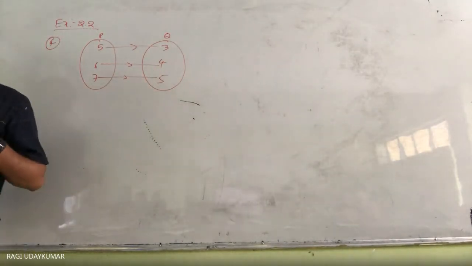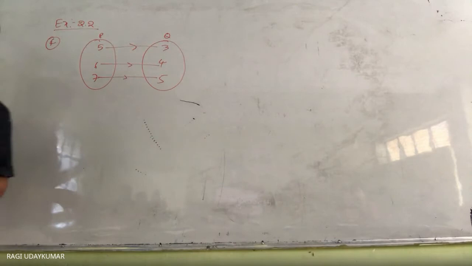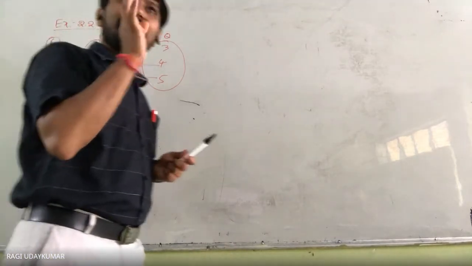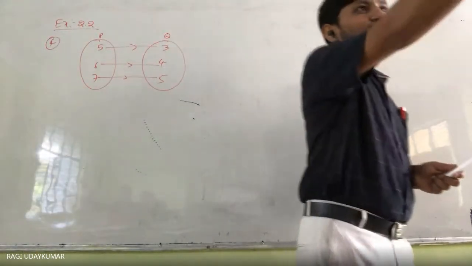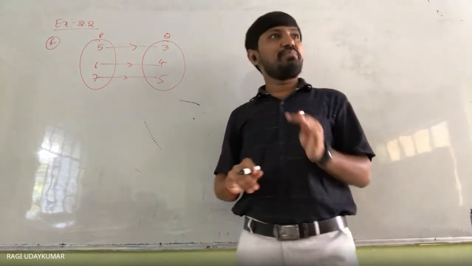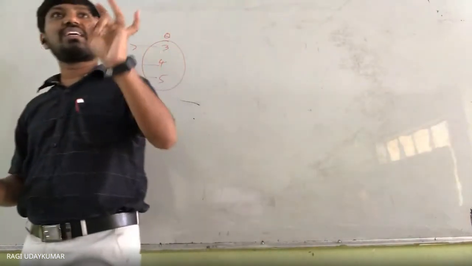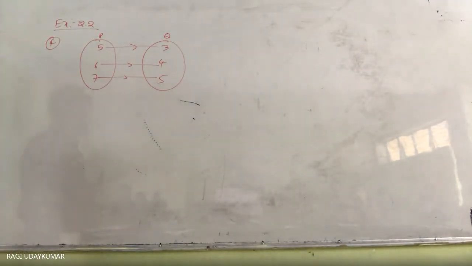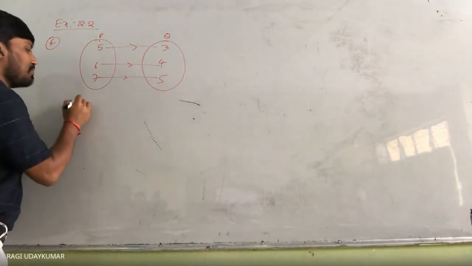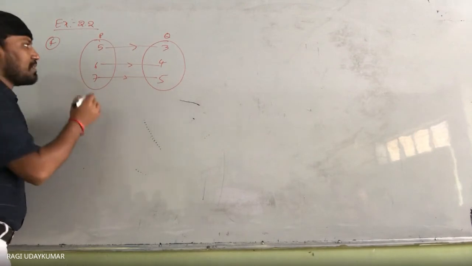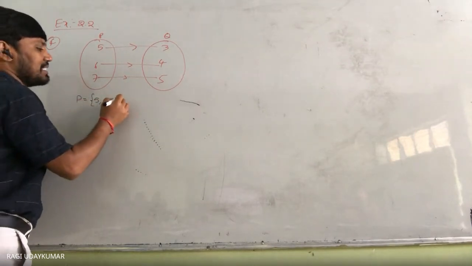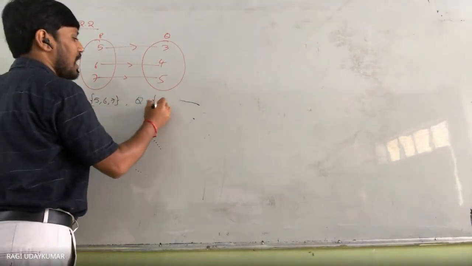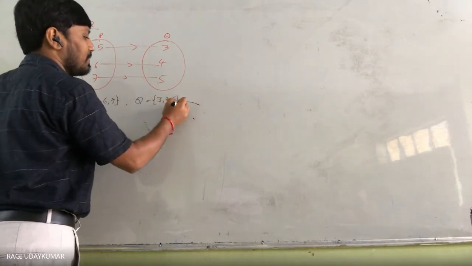Whenever you write set builder form, it is not unique. Unique means only one way: I may think one way and another person another way, so set builder form does not come in just one way. Roster form is only one way. First write the sets P and Q in roster form: P has elements 5, 6, 7 and Q has elements 3, 4, 5.